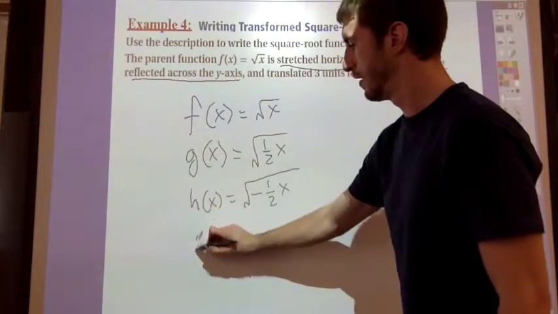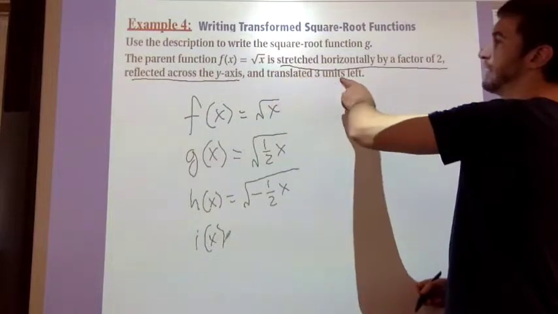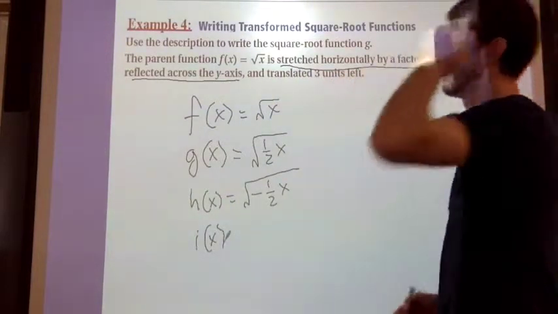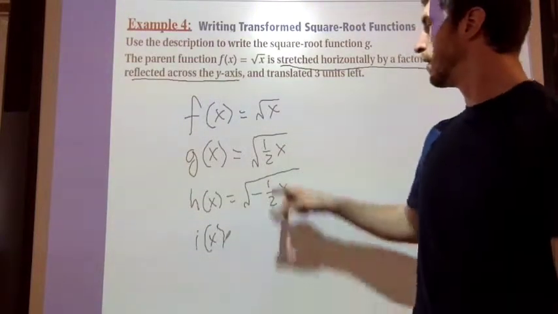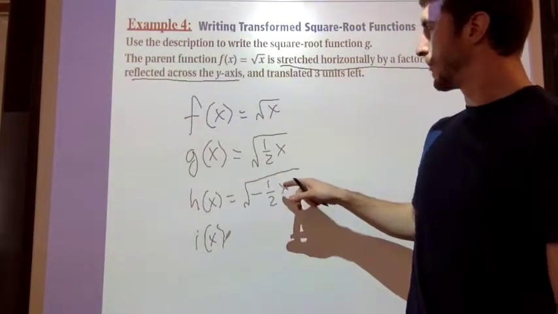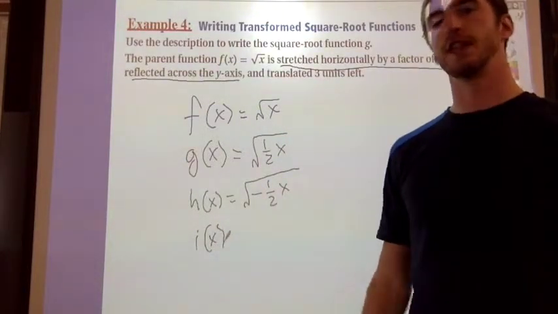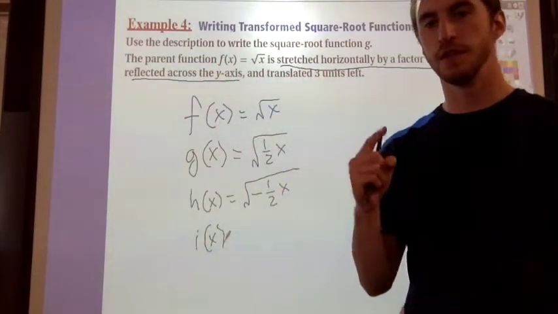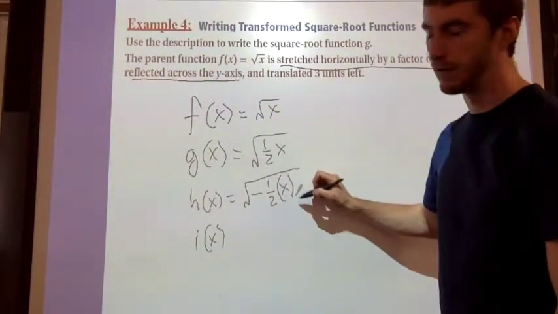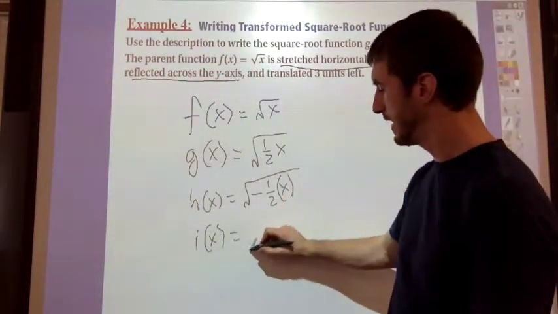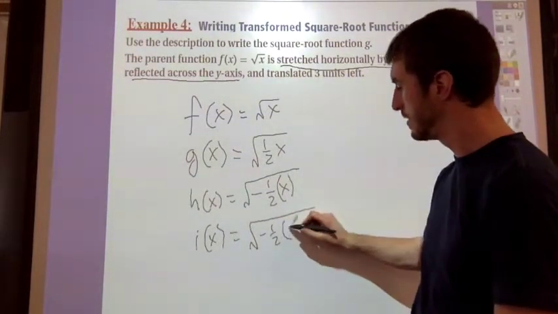Now, i of x, the final product, we have to translate it 3 units to the left. Now remember what I said when I showed you the formula. If you have to do the horizontal stretch or compression first and then the horizontal shift, you need parentheses around this x. Okay? So what this is going to look like is negative 1/2 parentheses x.